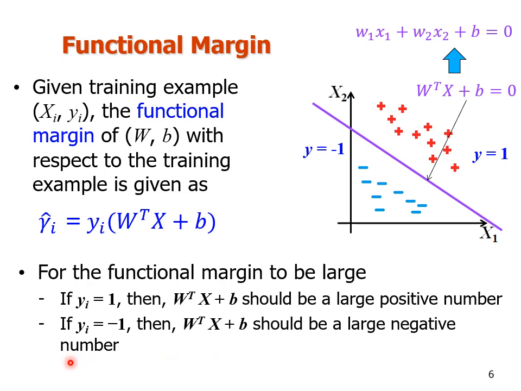So, in essence, a large functional margin represents a confident and correct prediction.